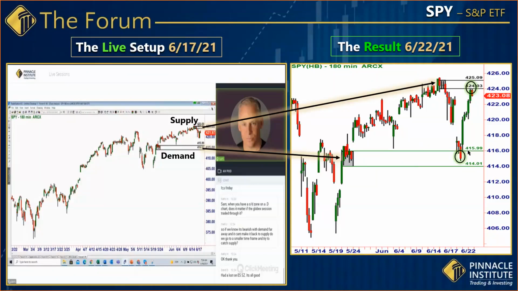There's no thinking. Where our stop goes is always based on a rule, and that's below the demand zone. And then our profit target is always, again, a rule too. So in this case, or any case, it's typically a percentage of the available profit zone, which is the proximal demand line here to the proximal supply line.